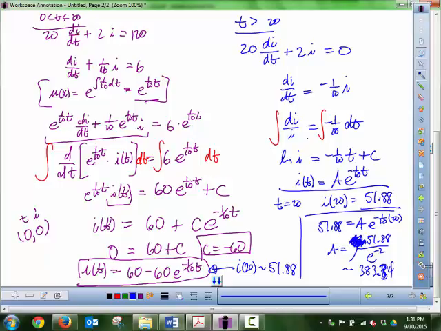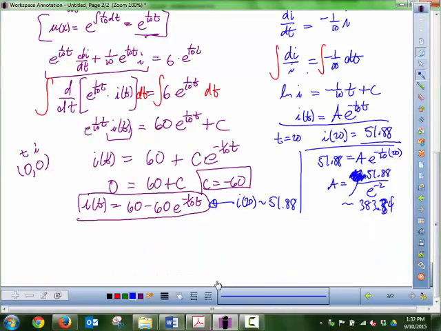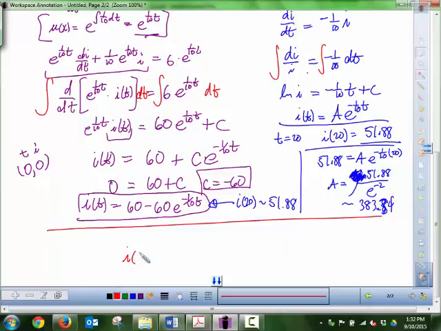And so to wrap this up in a nice package, our final answer should look like a piecewise function. So I of t is equal to, I'm going to take a 60 out and just say 1 minus e to the negative 1/10 t, so long as t is between 0 and 20.